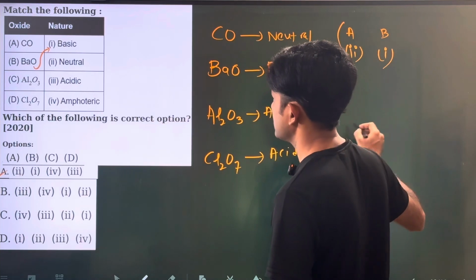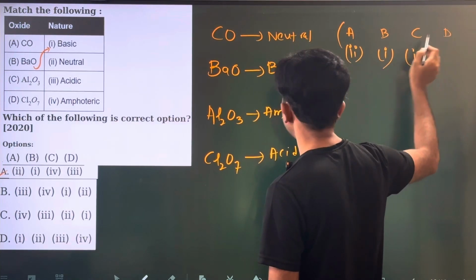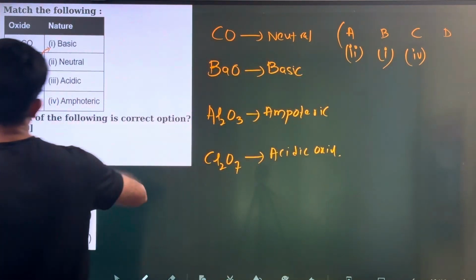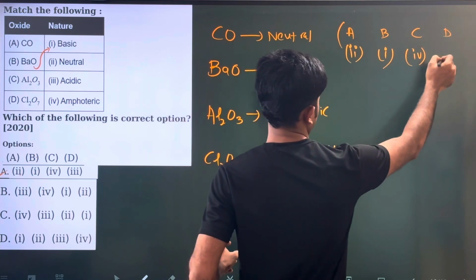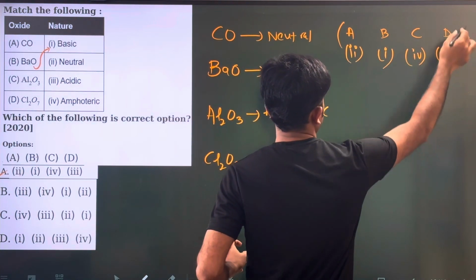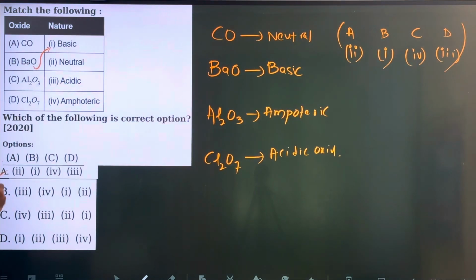Al2O3, amphoteric oxide, is C with option 4, and D, acidic oxide, is option 3. So which answer is matching here? Option A is matching.